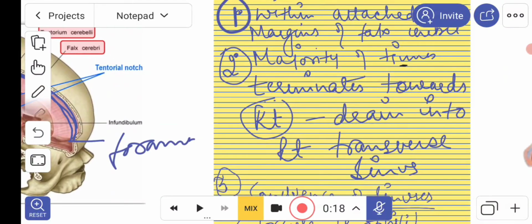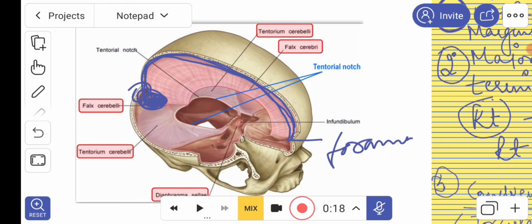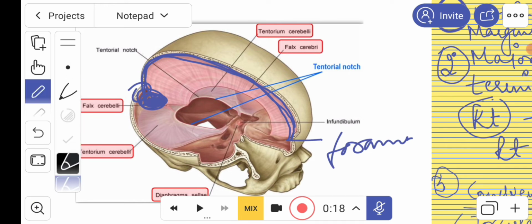These veins come and drain within the superior sagittal sinus, and they run obliquely.